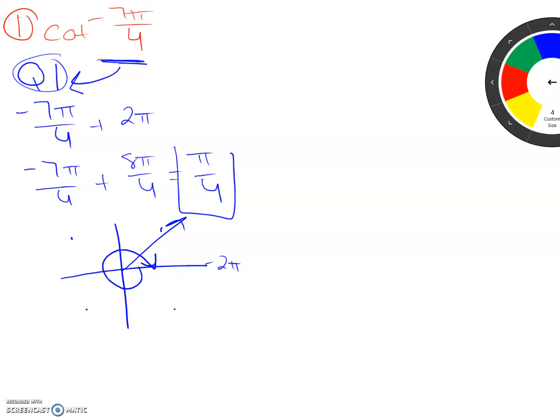It's in the same spot as pi over 4, so this question is the exact same thing as cotangent of pi over 4. Well, when we do this, you know me, I like to switch it to tangent. You can view it as tan pi over 4 or tan negative 7 pi over 4. But whichever way you do it, remember at pi over 4, x and y are the same thing.